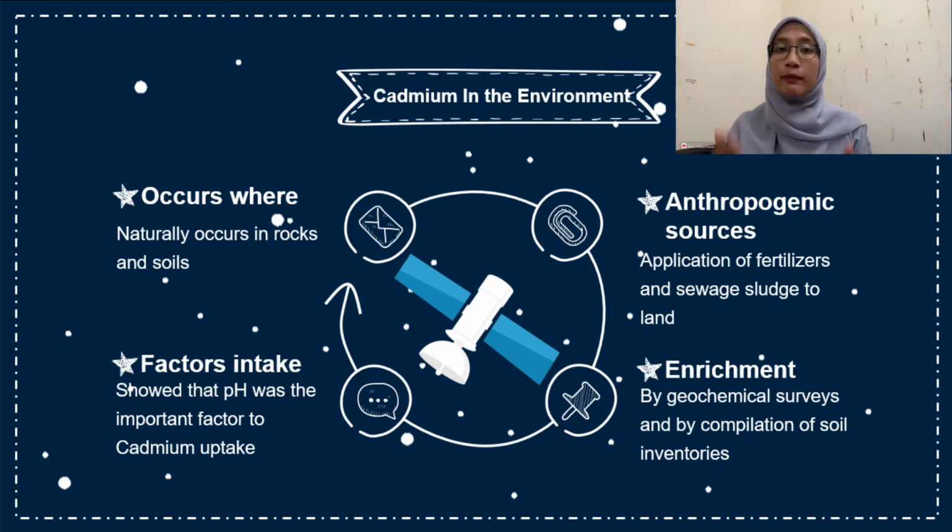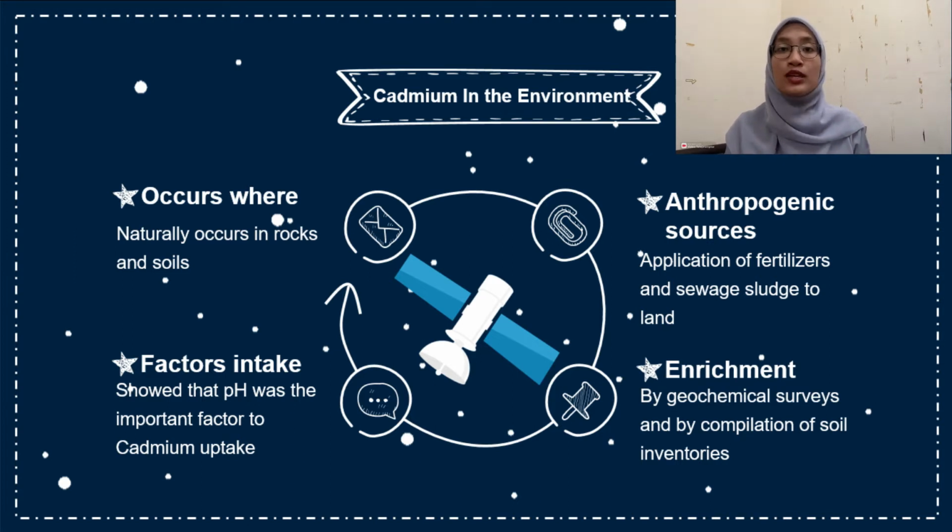So cadmium occurs naturally in rocks and soils, usually in concentration of less than 1 microgram per gram, but soils derived from some marine black shale, and from rocks containing lead-zinc minerals frequently contain larger amounts.